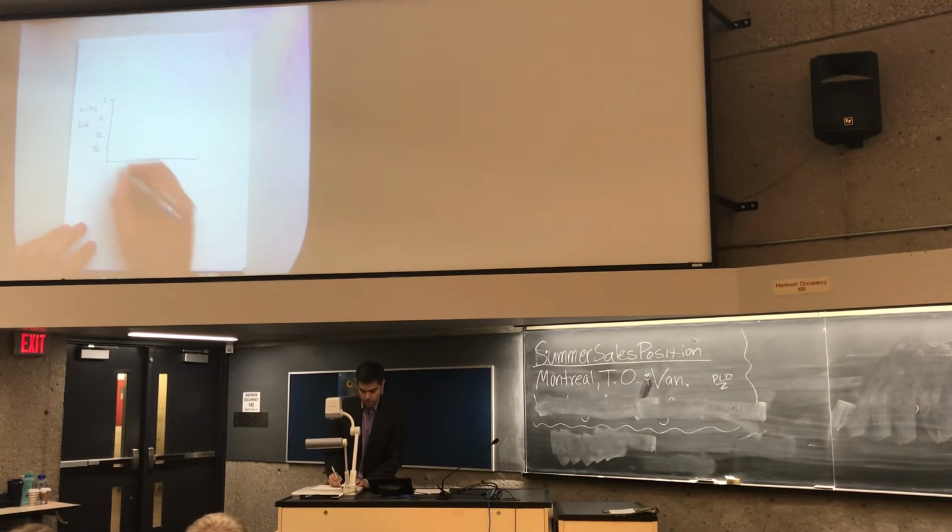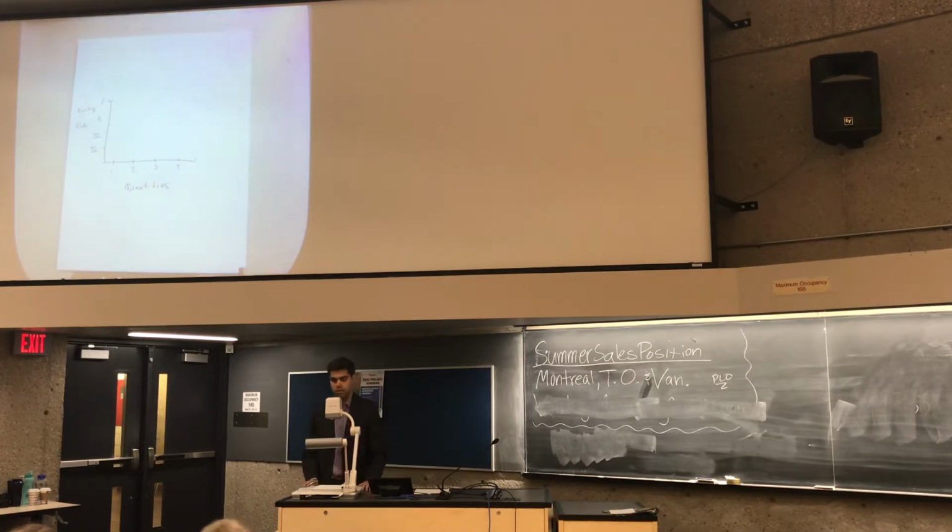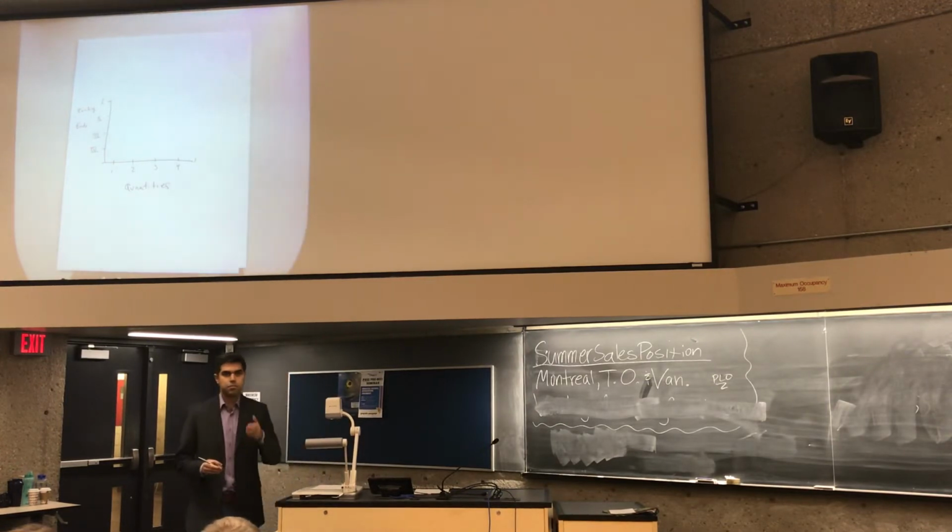And then this would be the quantities that you like. That's 1 unit, 2 units, 3 units, 4 units. If you have 1 unit of a good, you have 4 things that you can do with that good.